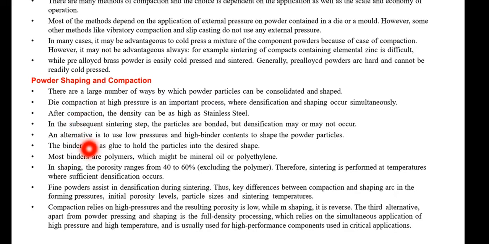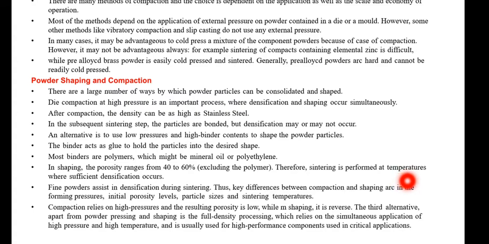The alternative is to use low pressure and high binder contents to shape the metal powder particles. Most binders are polymers, which might be mineral oil or polyethylene. In shaping, the porosity ranges from 40 to 60%.